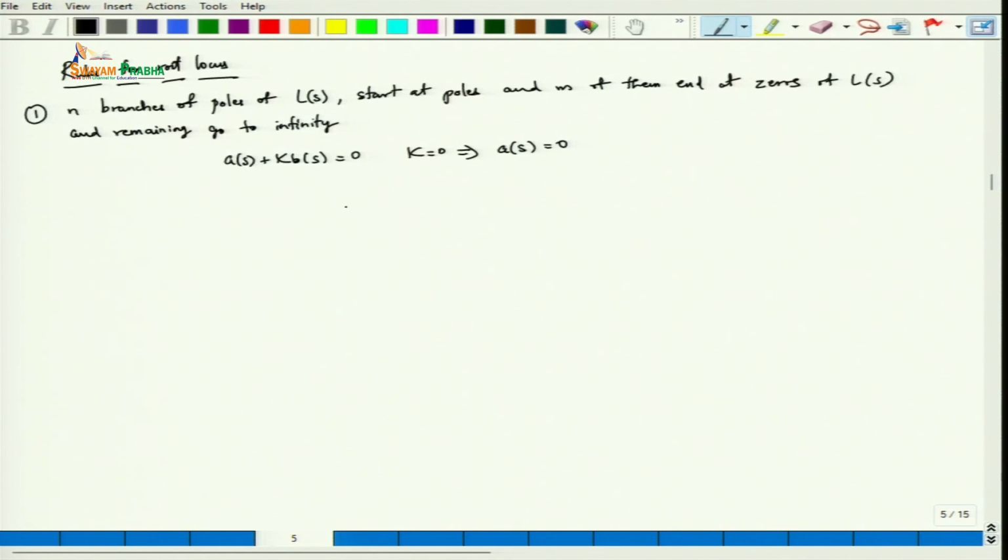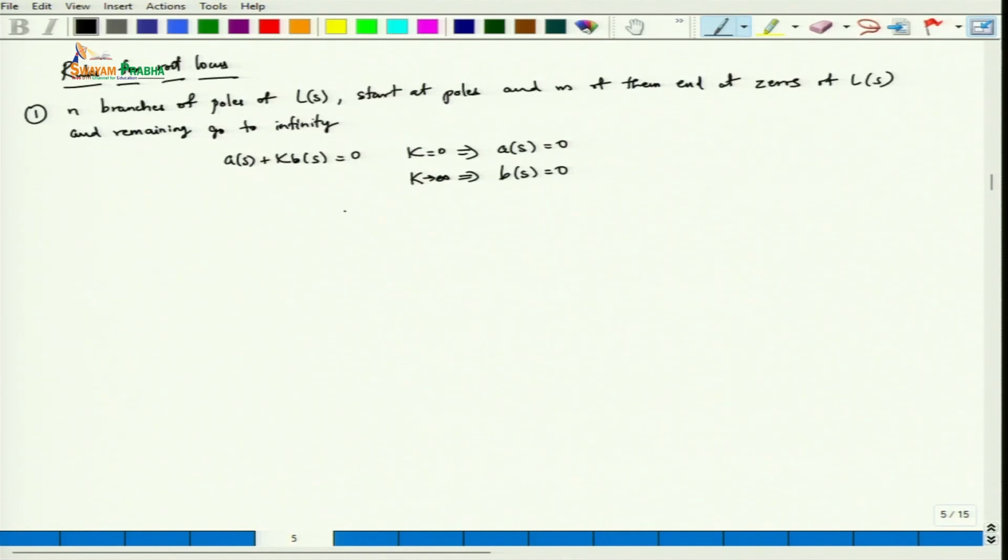And A of S are basically the poles of the open loop transfer function L of S. Now if I take k to be infinity, in this scenario B of S is equal to 0 is one of the cases, which implies that we are going to end at zeros of L of S.